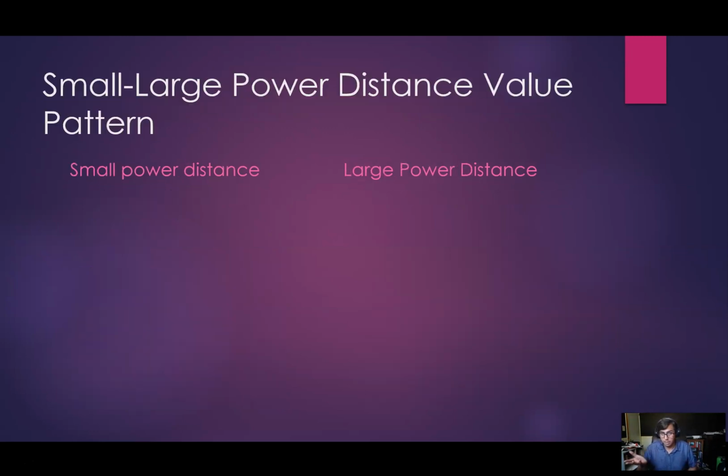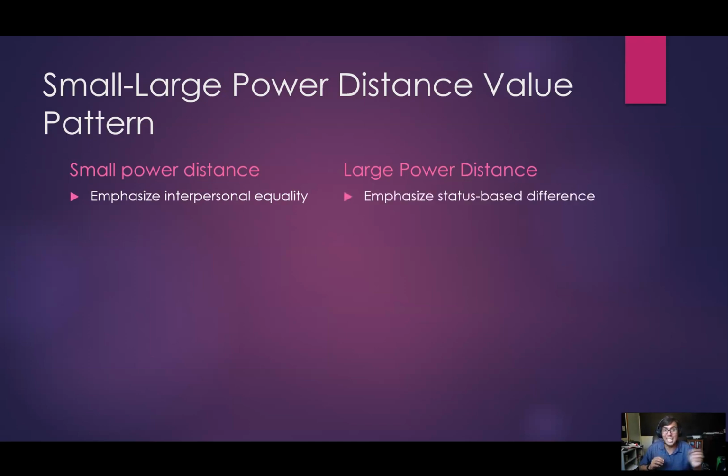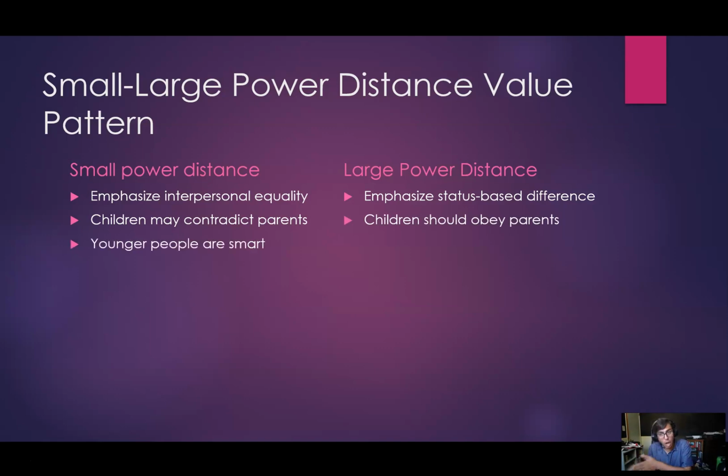So let's define this a little bit more. In small power distance cultures, we emphasize interpersonal equality, whereas in large power distance, we emphasize status-based differences. Children may contradict parents versus children should obey parents. Younger people are more smart because they are individuals, whereas older people are wise.